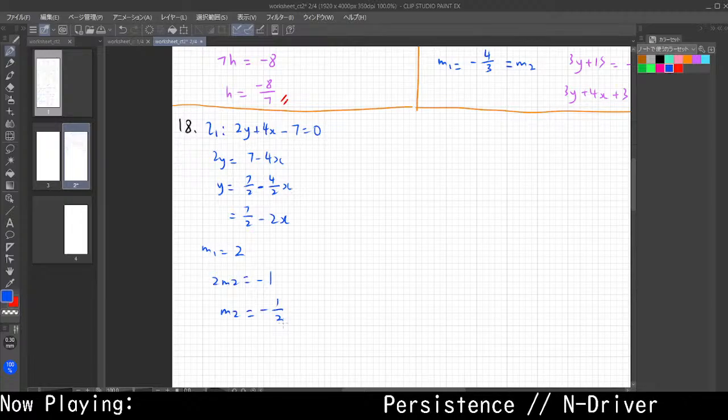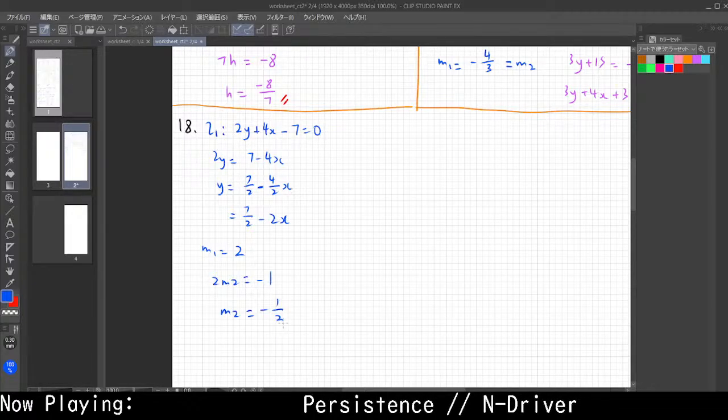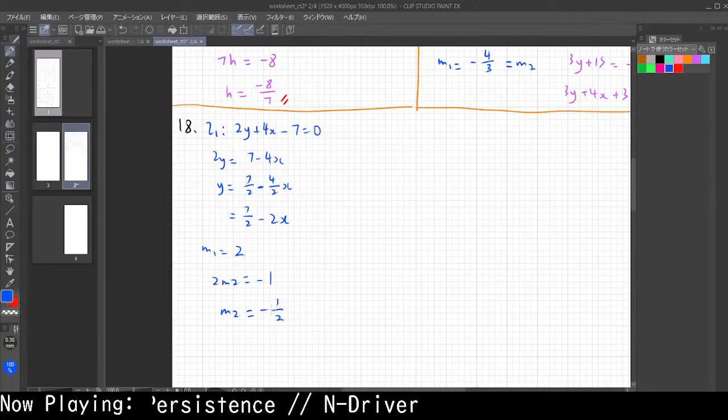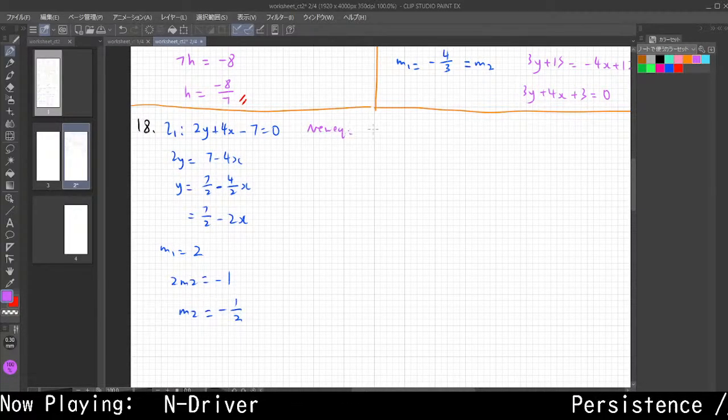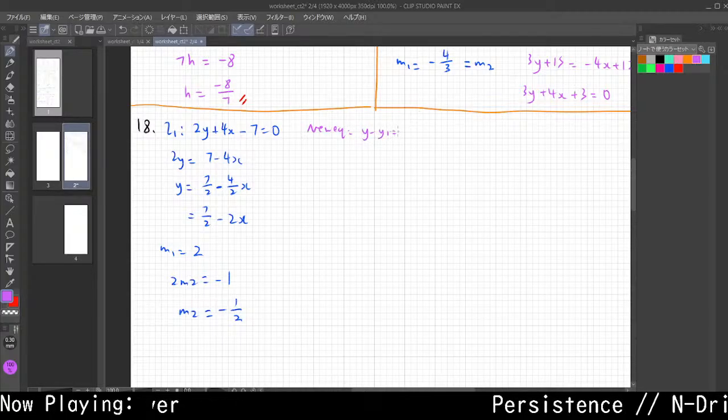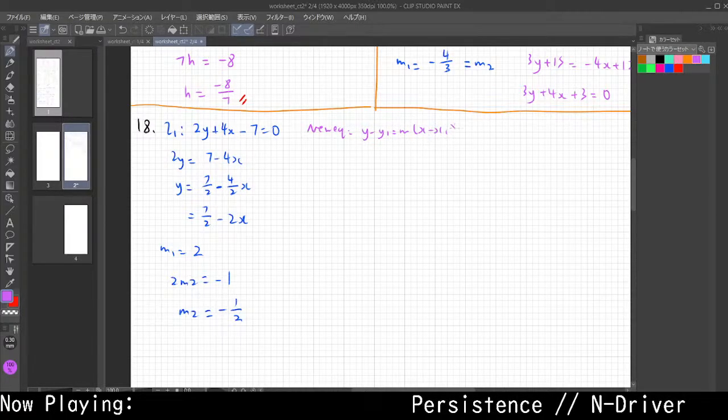Okay, perpendicular, so we use this method to find m2. m2 is negative 1 over 2. New equation, same thing: y minus y1 equals m multiplied by x minus x1.